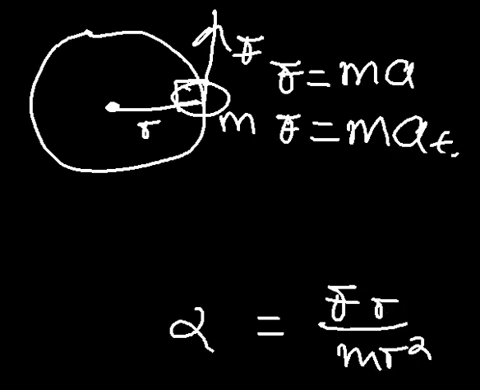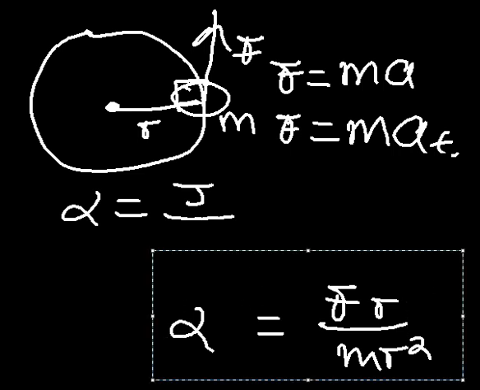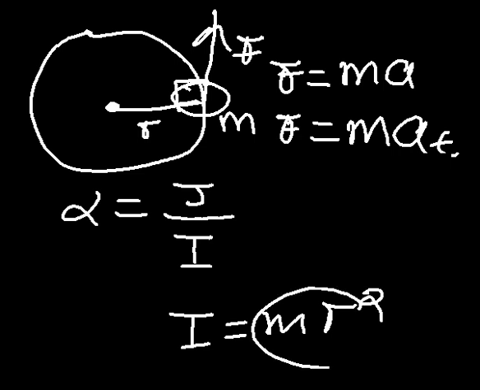But you know that the force is always perpendicular to the radius. So what is the force times the perpendicular distance? That is a torque. So we have angular acceleration being given as the torque divided by mass times radius squared. Mass times radius squared is said to be the moment of inertia, which is symbolized as capital I. So the moment of inertia is given as mass times radius squared.